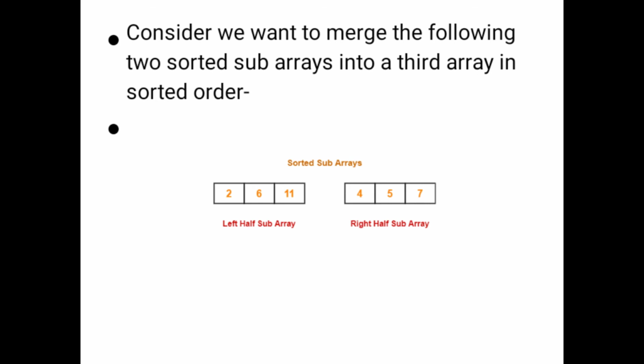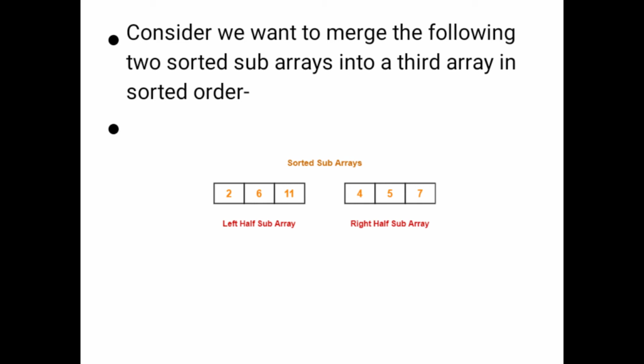Consider we want to merge the following two sorted subarrays into a third array in sorted order. So, merge sort algorithm will divide the array into two subarrays. Then simple merge algorithm will merge the elements of these subarrays into a sorted single array or vector.